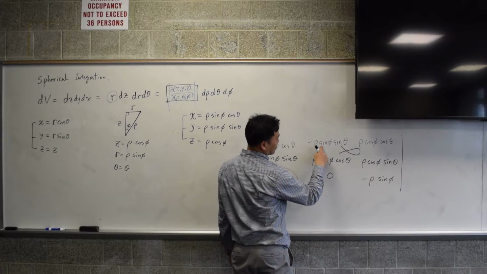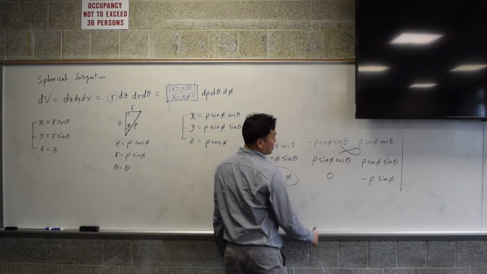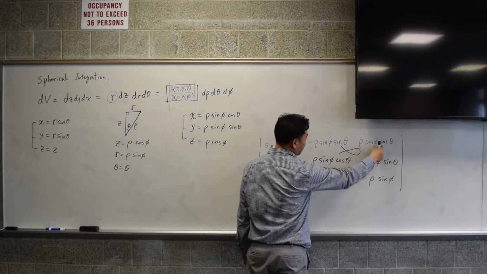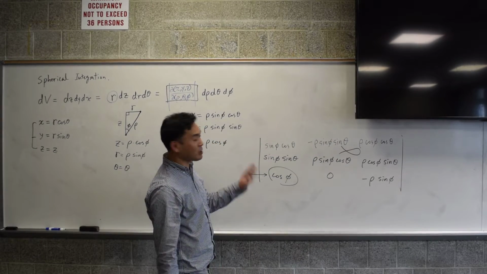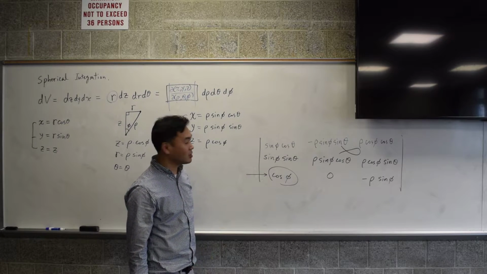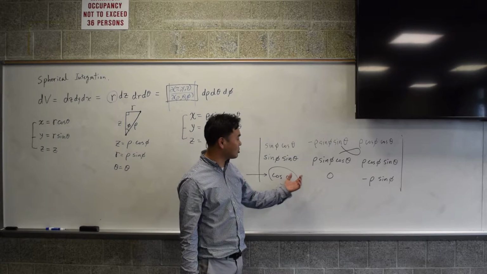So sine phi times cosine phi, and also you get sine squared. And if you multiply these, you again get sine phi times cosine phi, but cosine squared. And minus minus gives you, you end up adding the sine squared and cosine squared. It'll be a 1. And at the end of the day, you're going to get cosine phi multiplied by sine phi cosine phi.